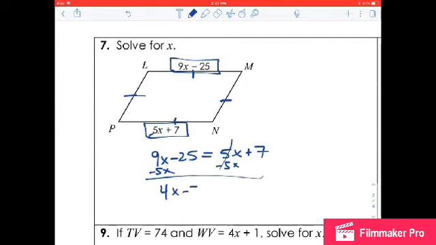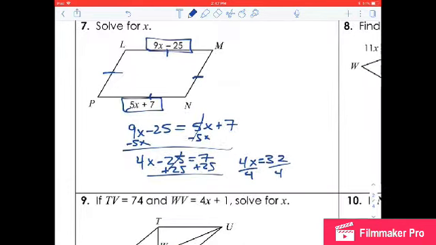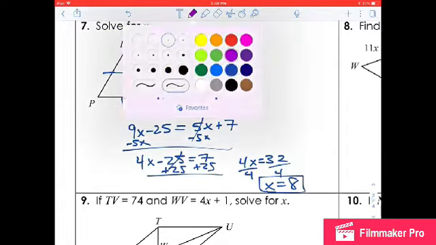Get 4x minus 25 equals 7. And then I add 25 to both sides to get 4x equals 32. Divide by 4, and I get x equals 8. And all I had to do was solve for x, so I don't have to plug it back in or anything. We're done. All right.